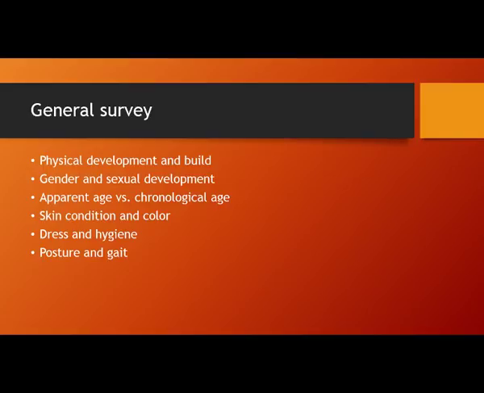You're going to notice such things as their physical development and general build, and get an impression of their apparent gender and whether their sexual development is appropriate for age and gender.